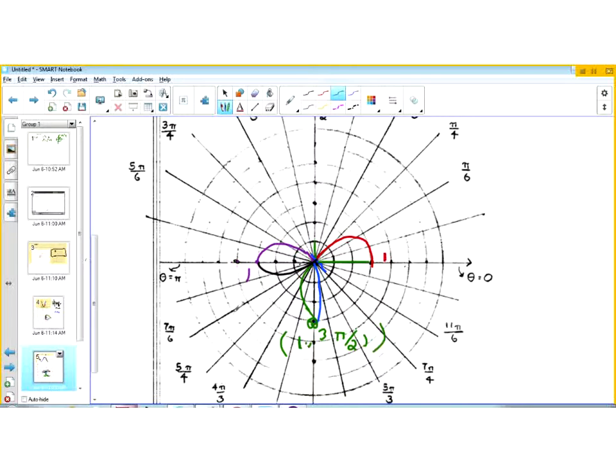So negative 1, 3 pi over 2 means we rotate counterclockwise pi radians, like so. And so the coordinates of this point would be negative 1, 3 pi over 2. All right. So let me see. Okay.